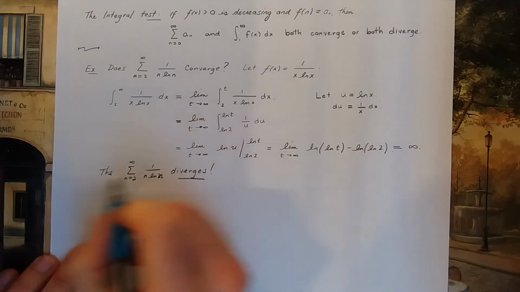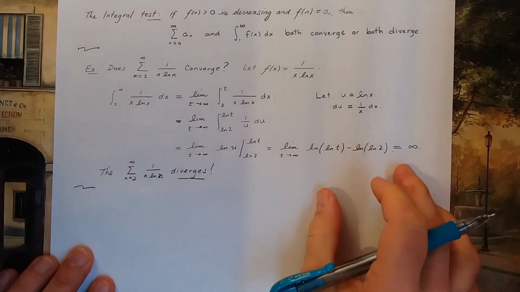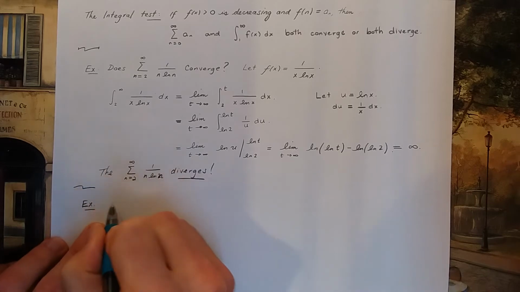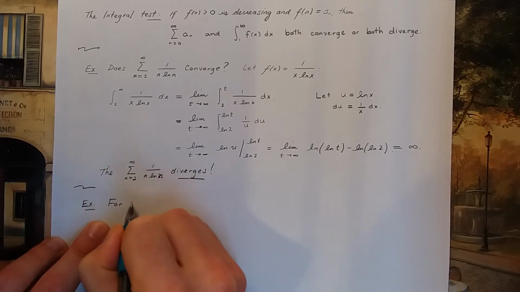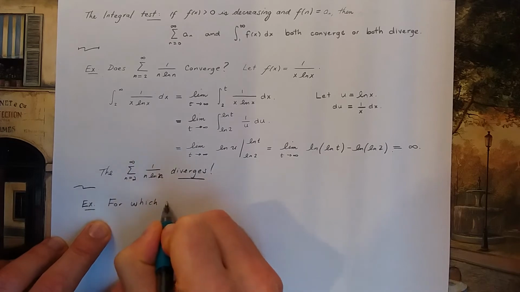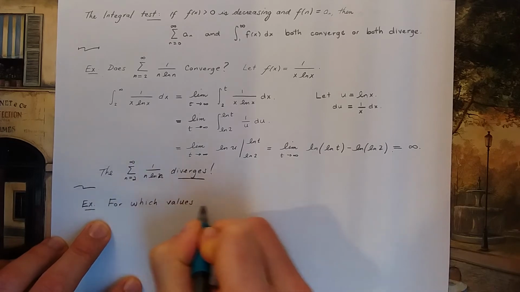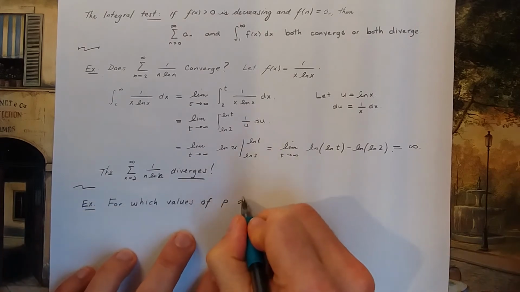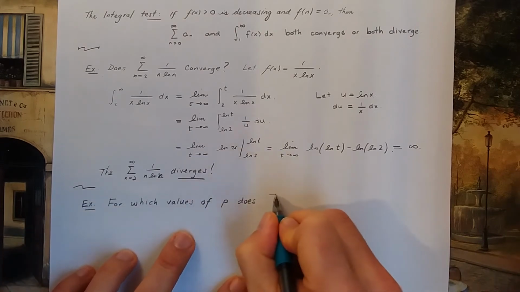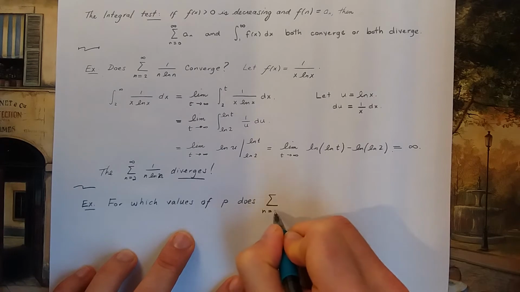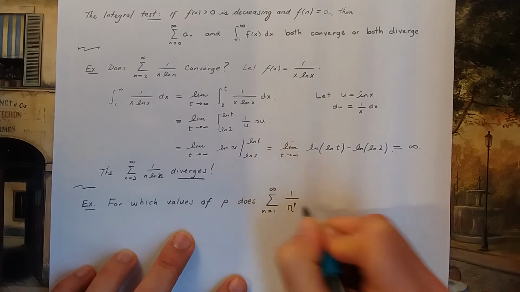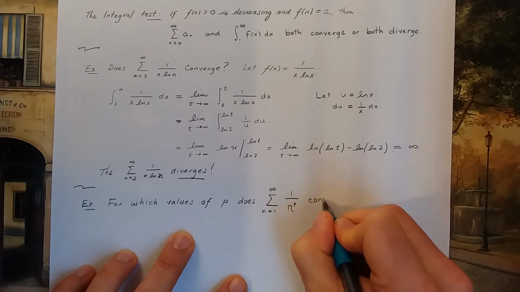I'd like to do another example, a pretty important example of the integral test. So here's the question. For which values of p does the sum going from 1 on of 1 over n to the p converge?